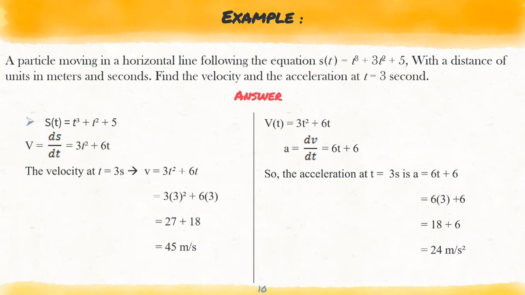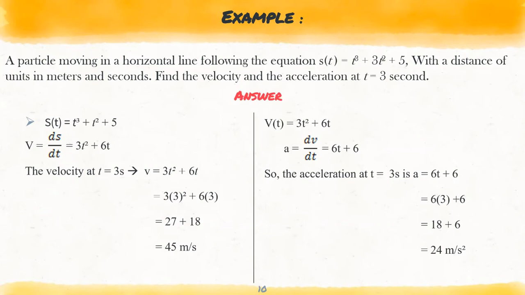First, find the velocity at t equal to 3 seconds. All we have to do is take the derivative of our function. s(t) equal to t cubed plus 3t squared plus 5. v is equal to ds/dt equal to 3t squared plus 6t.